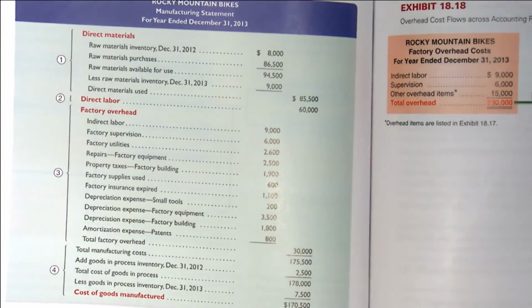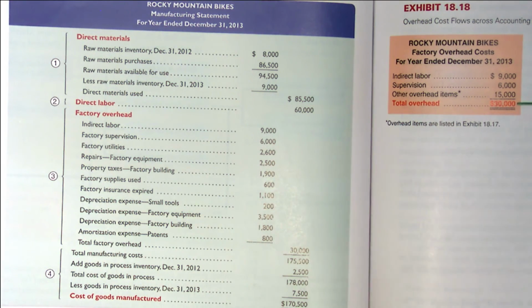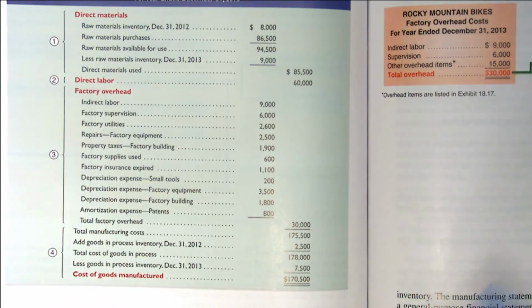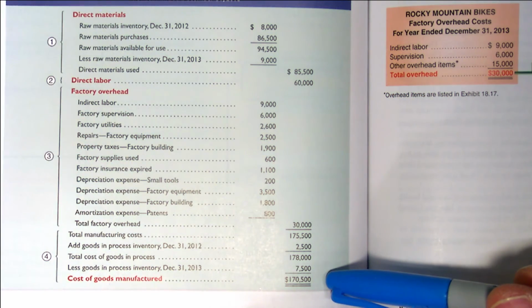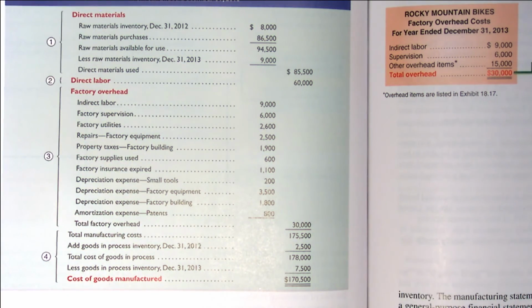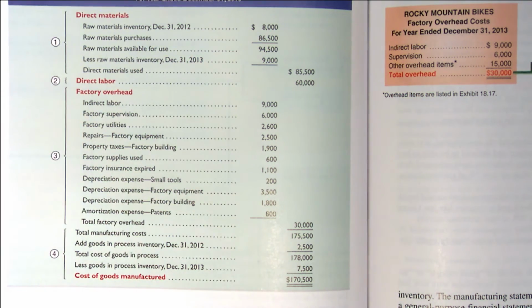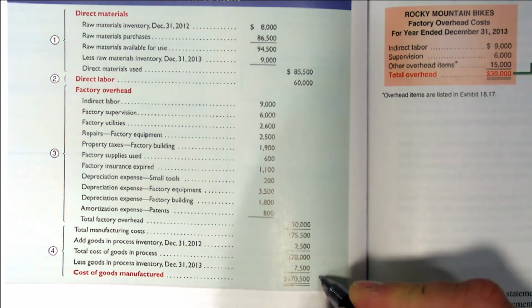There is the cost of goods manufactured statement, right? And you get a cost of goods manufactured of 170,500. Is that correct? Now, where does that go to? Sometimes I'll even, do you guys know what tick marks are? I use these in auditing all the time. Here's what a tick mark is.